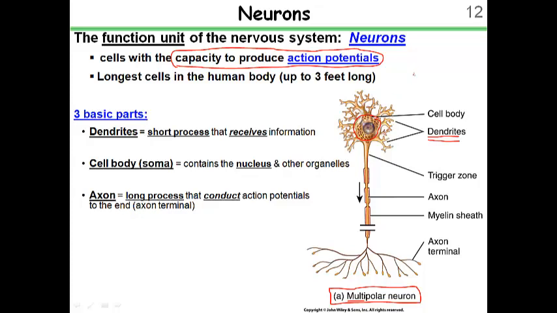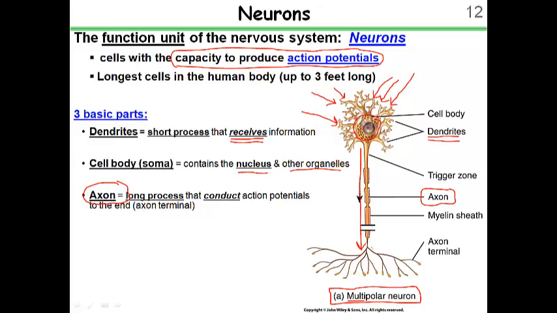This neuron is going to be receiving stimuli. The stimulus that the neuron receives could be a neurotransmitter, could be pain. We could have pain receptors on this neuron. But the dendrites receive stimuli. The cell body houses the nucleus and other organelles, and then the axon is the longer process that conducts the action potentials, or transmits the action potential down this long axon.